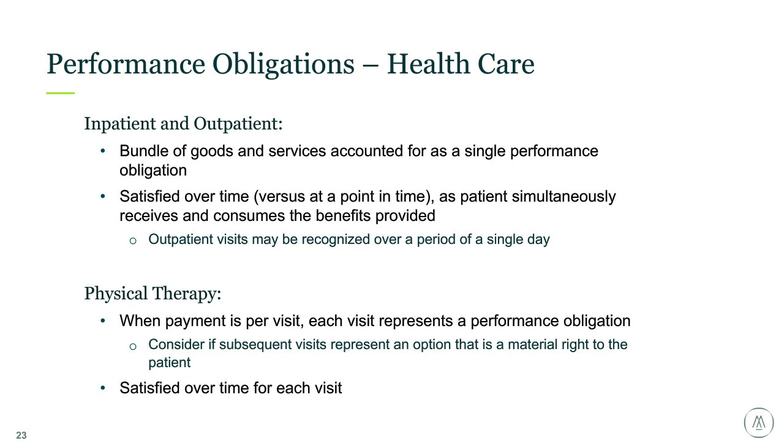There's a concept within Topic 606 that talks about contract assets and liabilities. If you have performed under a contract, but you may not have an unconditional right to all of the consideration in the contract, you may have a contract asset versus an accounts receivable.